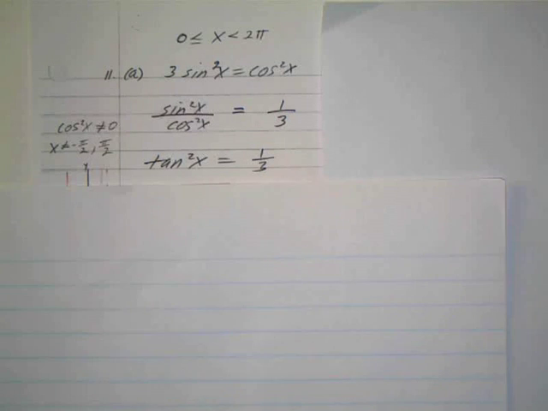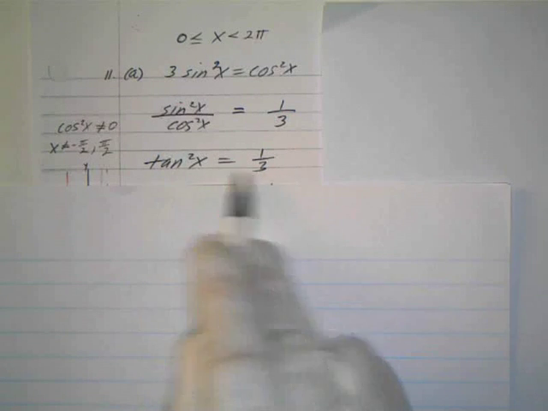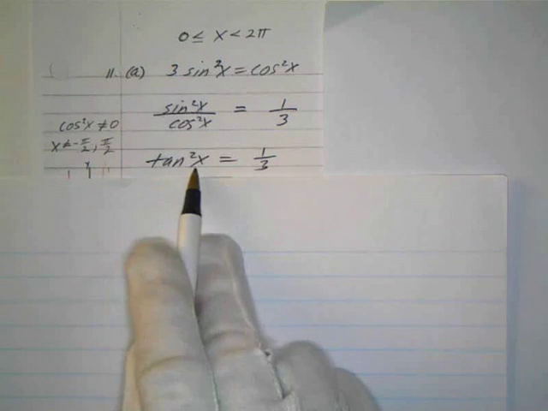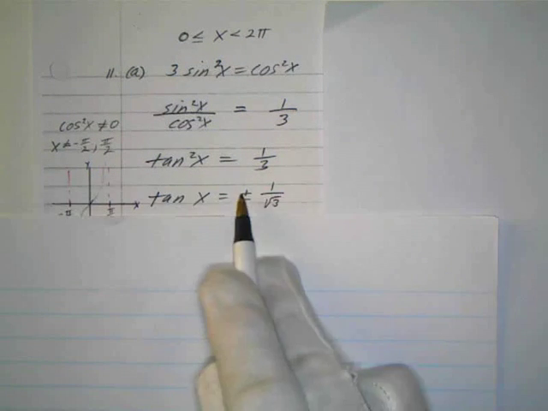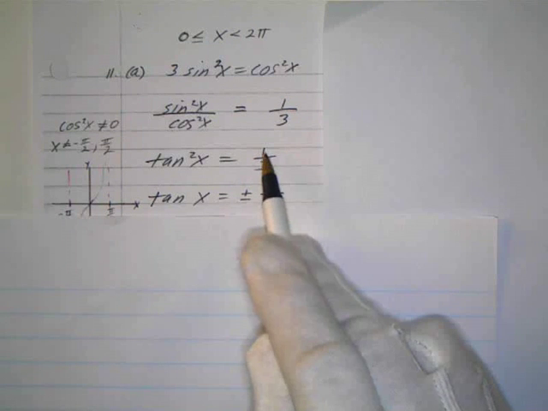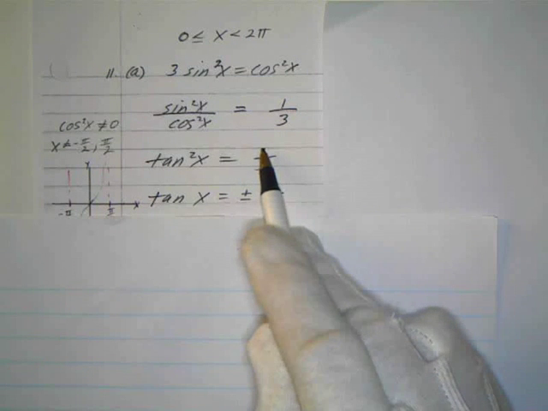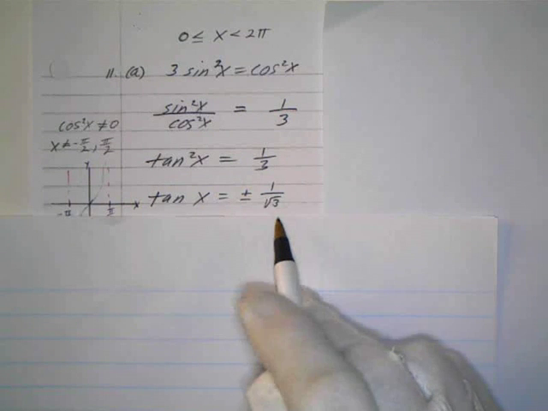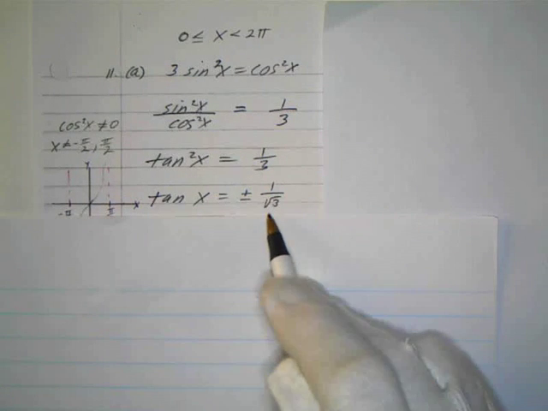Hopefully we won't get that as a solution. So if we solve this, the tangent squared of x equals 1/3. If I take the square root of both sides, square root of tangent squared is just tangent, so that equals plus or minus the square root of 1, which is 1 over the square root of 3. And then we remember on our unit circle, the solutions there would be pi over 6.